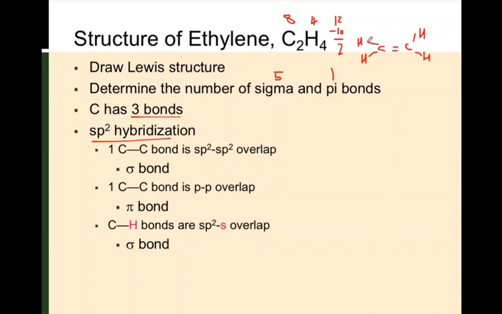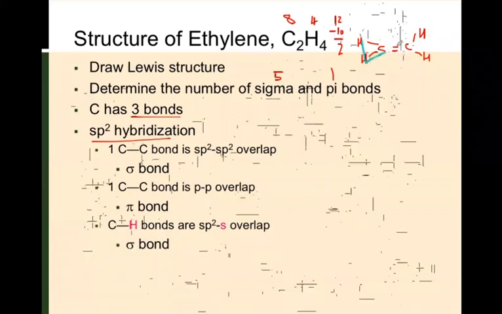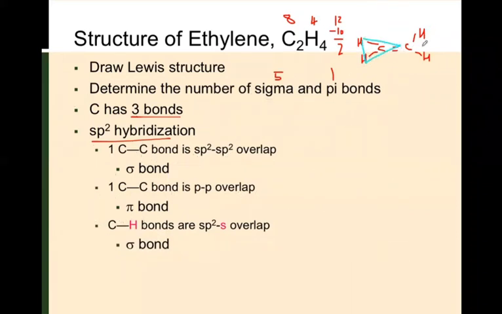That means the geometry of each carbon is going to be trigonal planar, like that. There's 120 degrees between each of the electron domains. With 3 electron domains, we need 3 hybrid orbitals. So sp2 hybridization gives us 1, 2, 3 hybrid orbitals.